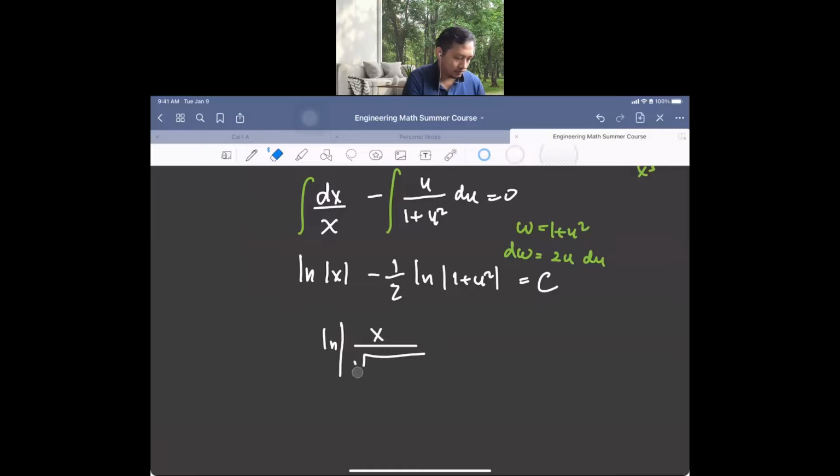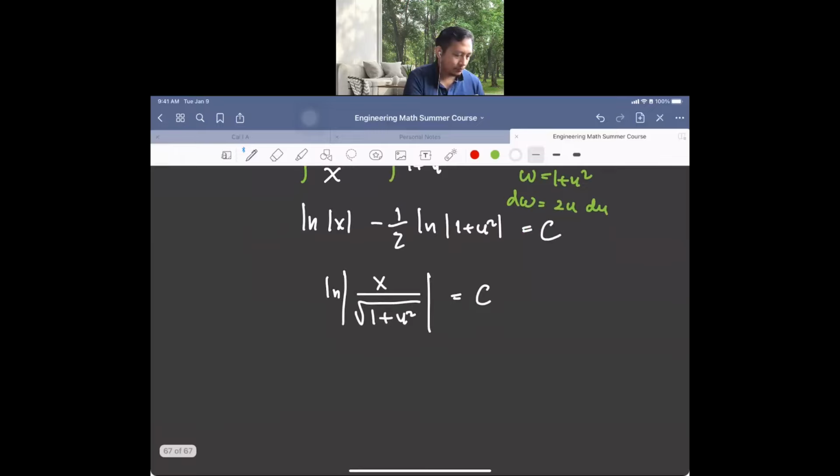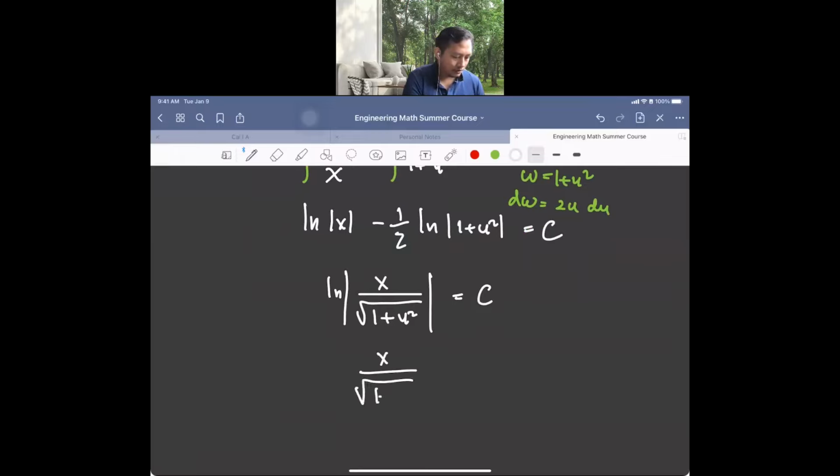Or no, let me just write x. Oh, we can have this, yeah, a constant, and this is supposed to become e to the power of c.